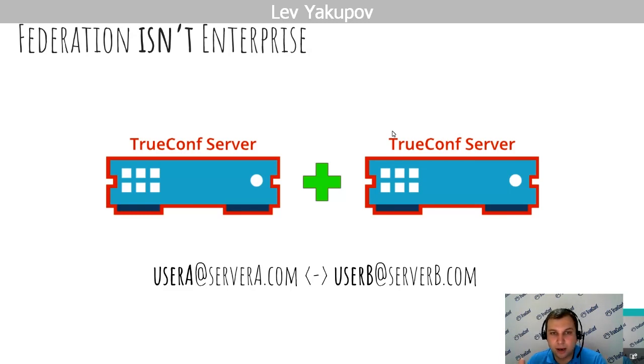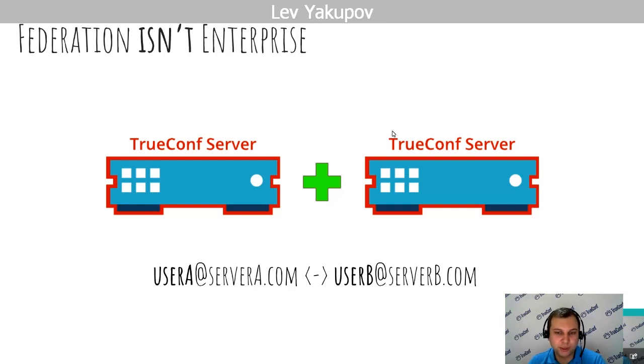So federation is not an enterprise deployment. It is just a way to connect deployments of TrueConf server together, and it only provides the connectivity. Using federation, you cannot look for or browse remote users.